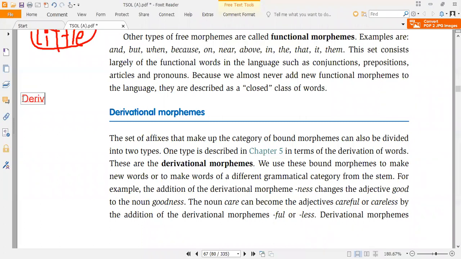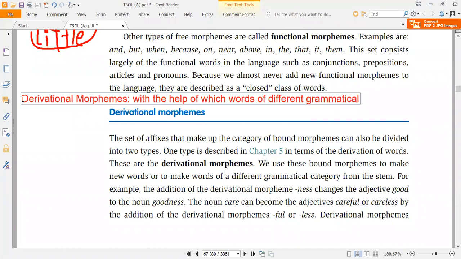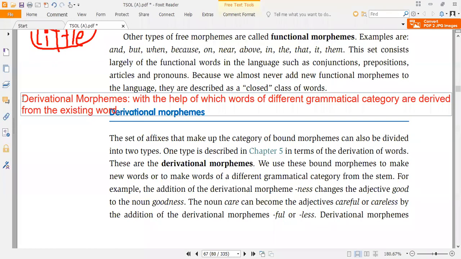So derivational morphemes are those morphemes with the help of which words of different grammatical category are derived from existing words.